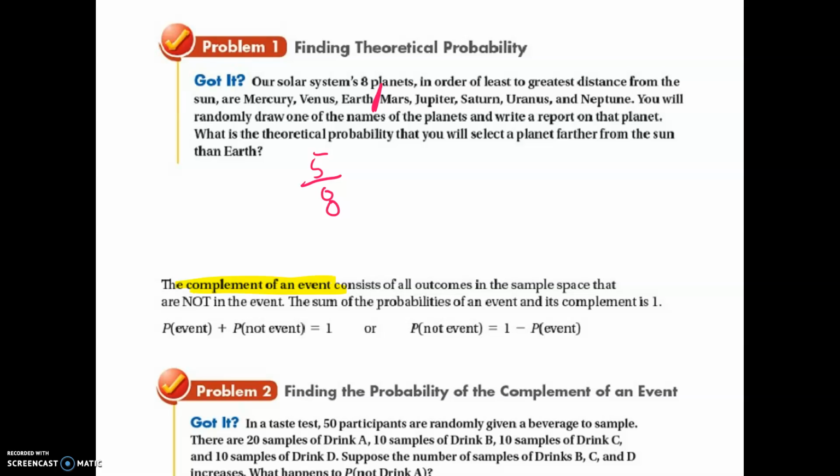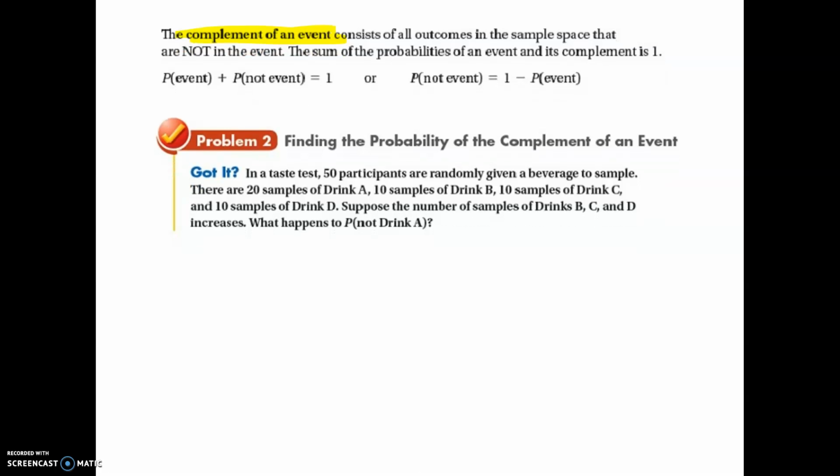So if we look here at this example, we are finding the probability of what happens when you do not drink A. So in a taste test, 50 participants are randomly given a beverage to sample, and it tells us the number of each sample there. But it says, suppose the number of samples of drinks B, C, and D were increased.